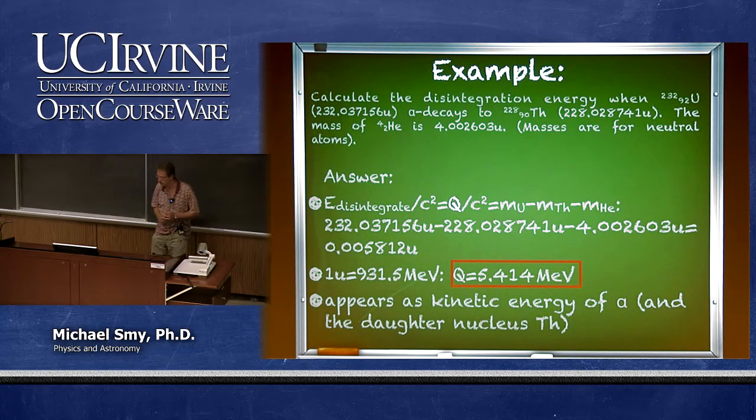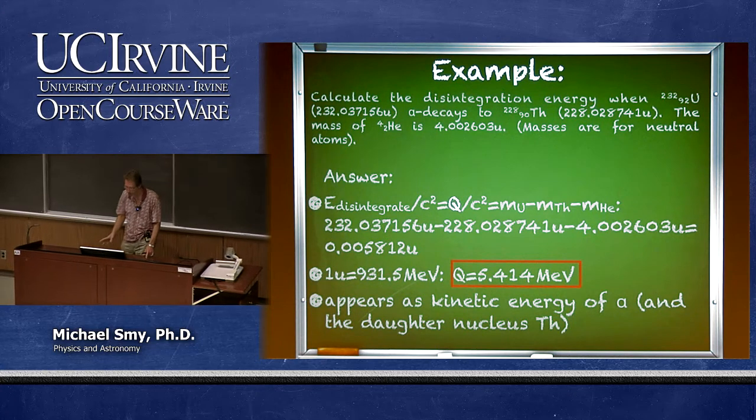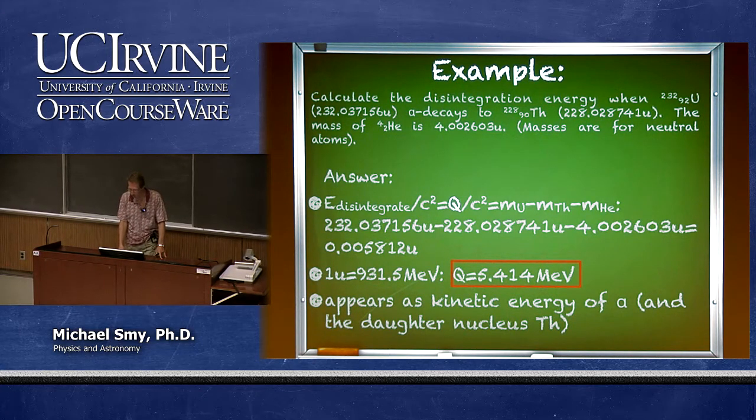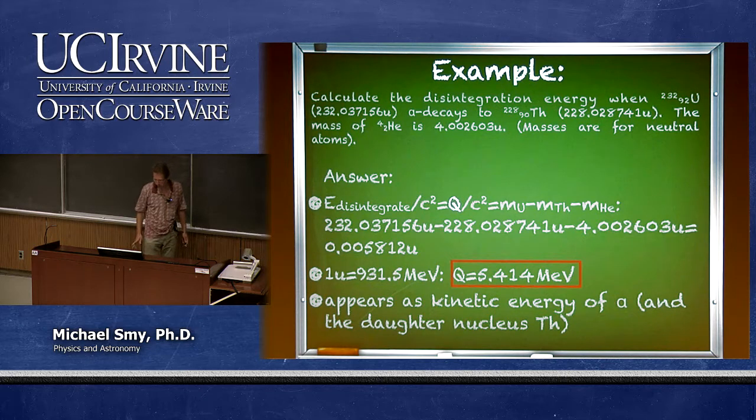So let's calculate the disintegration energy when uranium-232 alpha decays to thorium-228. We are given the different masses of those two isotopes. And the mass of the helium-4 is, again, 4.002603 atomic units.